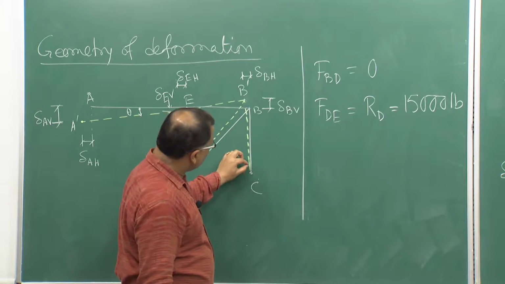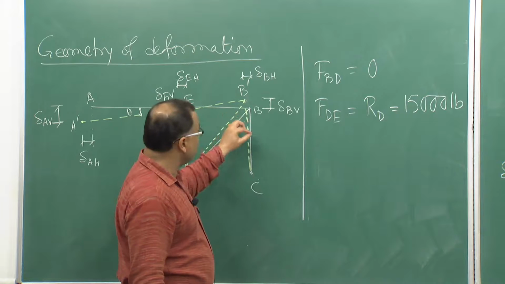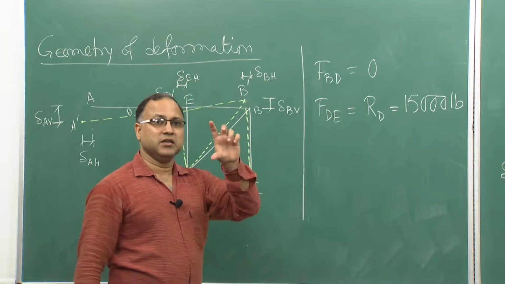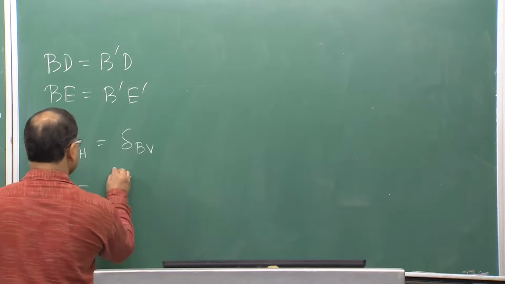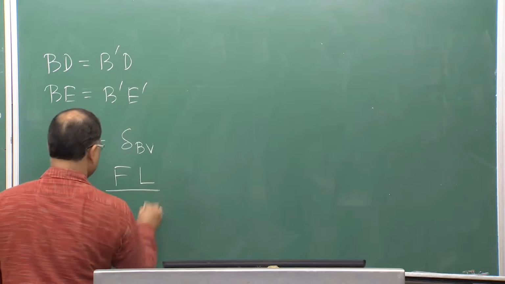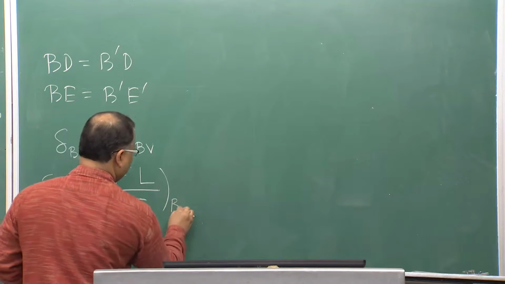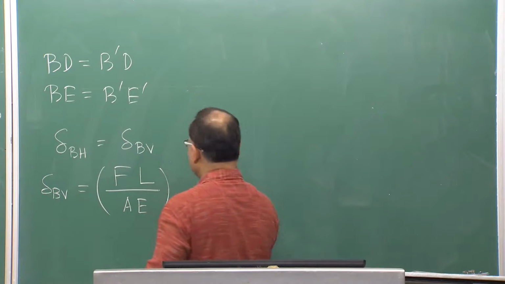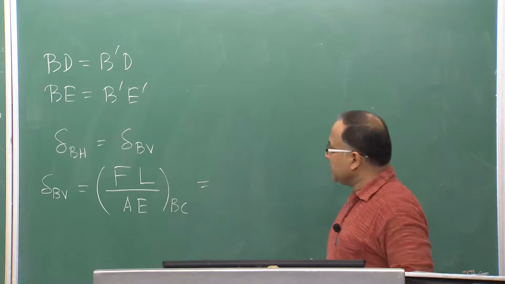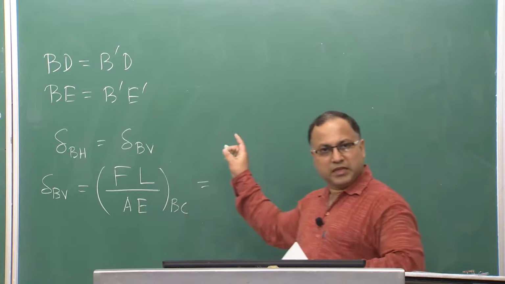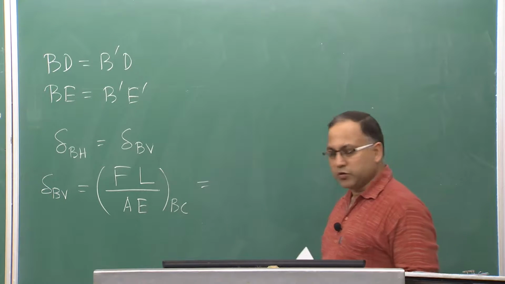So the elongation of member BC is equal to the vertical movement of point B. Delta BV can be calculated as FL by AE of member BC. F is the force in member BC, L is the length, A is the cross-sectional area, and E is the elastic modulus. You know all those things.